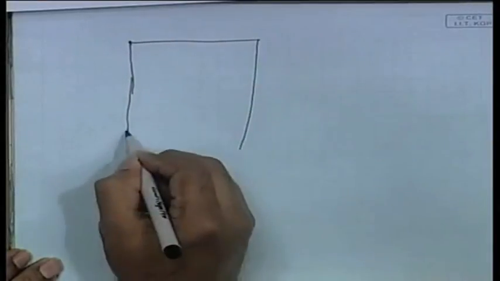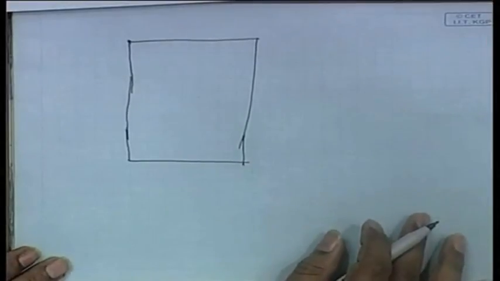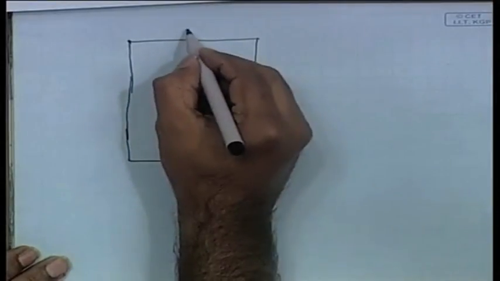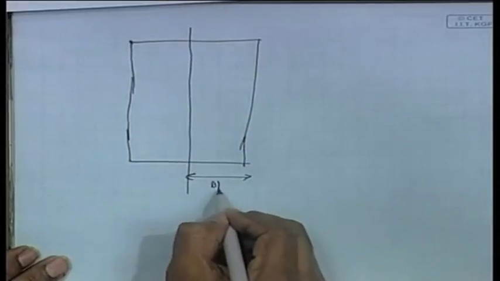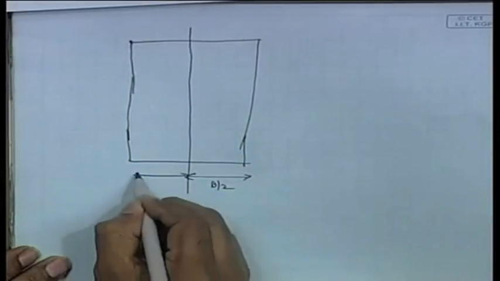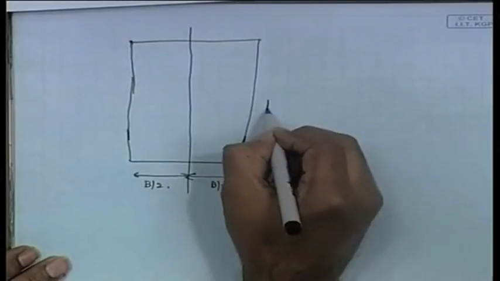Suppose you have a rectangular strip, and suppose that you are told that this is b by 2, this is b by 2, and let's say that the total length is L.